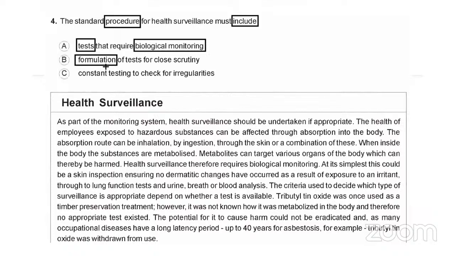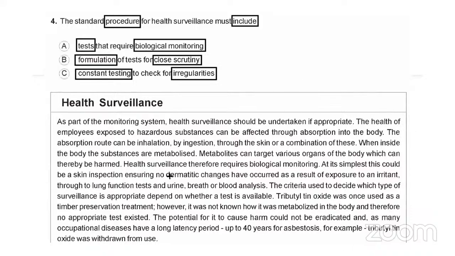Constant testing, continuous testing to check for irregularities. First one is testing. Second one is formulation. Third one is constant checking. Biological monitoring, close scrutiny, irregularities. If you see that very carefully, okay, procedure.